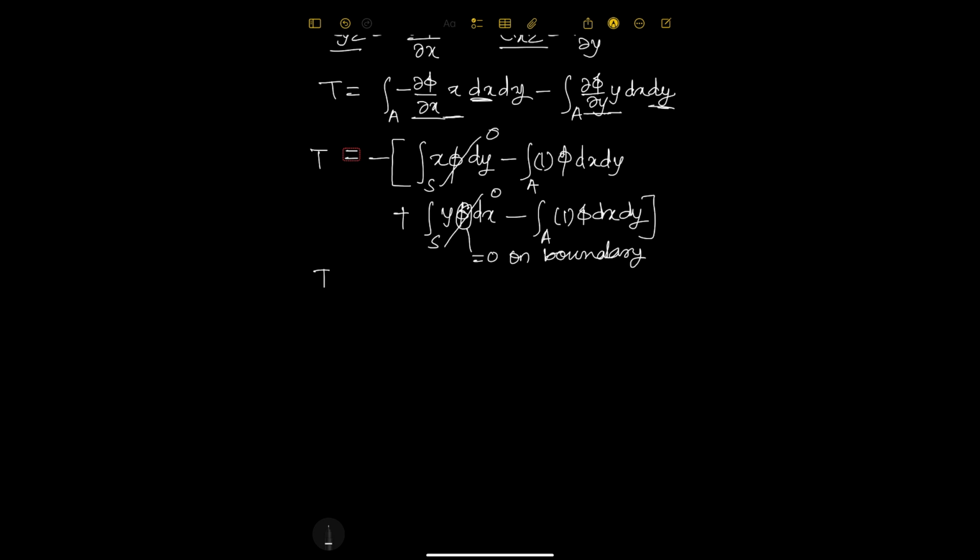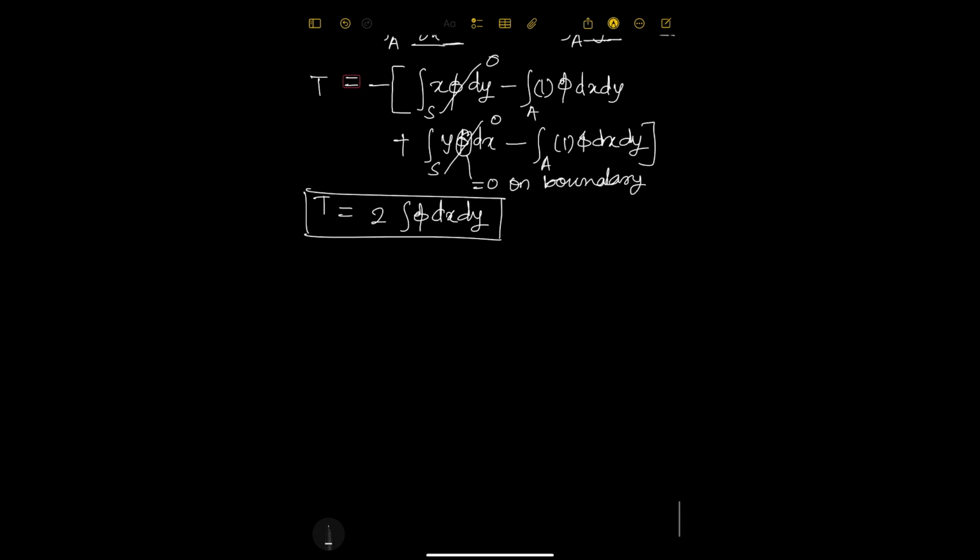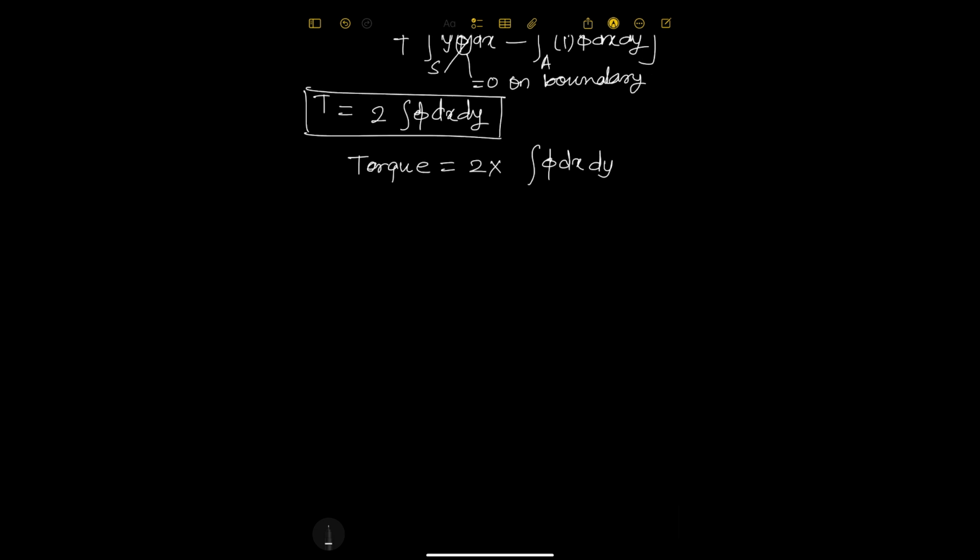Therefore this goes to 0, this goes to 0, and what we have is 2 phi dx dy. So we have obtained the relationship for torque, which is equal to 2 into the integration of phi dx dy.